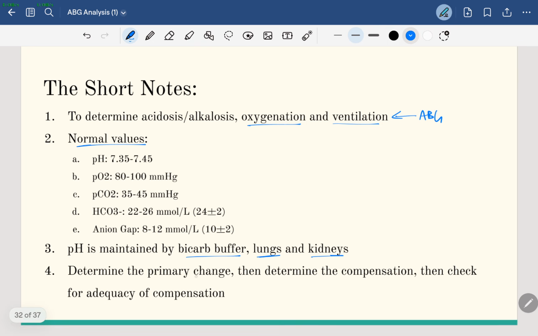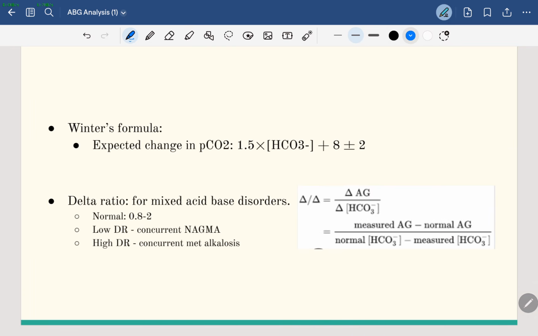So when you're approaching a question, you need to first determine the primary change, then look for whether there's adequate compensation, and you can use Winter's formula in the case of metabolic acidosis only. And this is the formula. Delta ratio is applicable in mixed acid-base disorders, which is a slightly higher level concept.